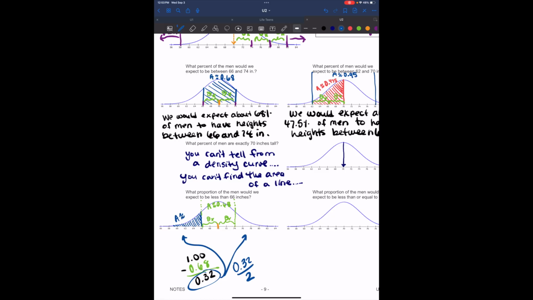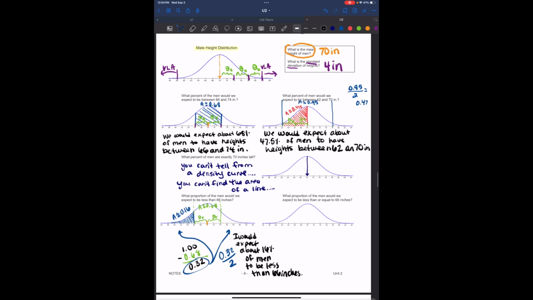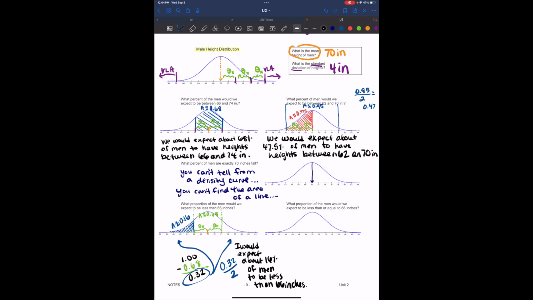And so that would give me about 16% of the data out there. I do want to write a sentence. I would say I would expect about 16% of men to be less than 66 inches. It's like a little puzzle almost. But yeah, and we've got one more. Hopefully we're kind of getting the hang of it.